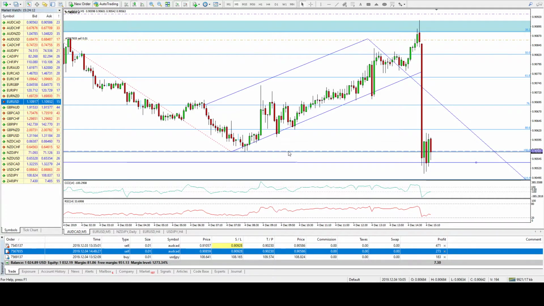All right, the price is pushing up, pushing above the support, but this is 5 minutes.